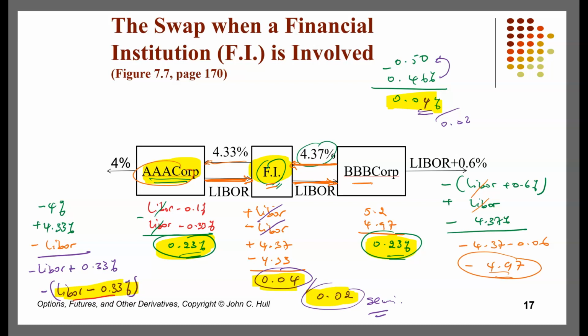All right, so this is the idea, or the intuition, behind comparative advantage. This idea that you want to borrow in a market in which you have the more comparative advantage, and if you have a preference for fixed rate versus variable rate, then you can engage into the swap market with the financial institution in order to transform your cash flows.